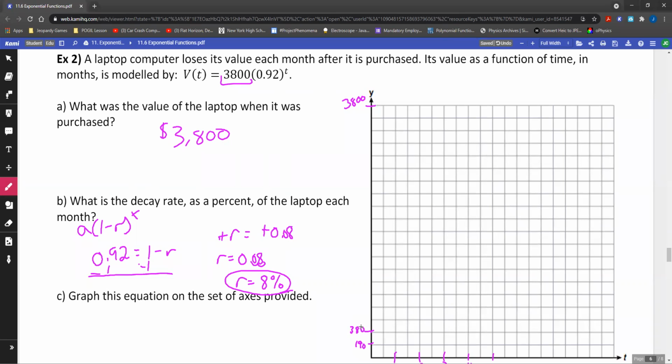So that would be 760. This would be 1140. This would be 1520. 1900. 2280. 2660. 3040.